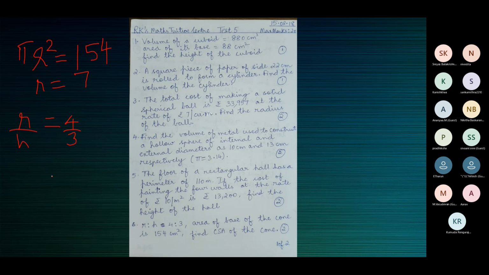Am I right? Yes, ma'am. Now what is r? 7. So 7 by h is equal to 4/3. When you work this, you'll get h is equal to 21/4.